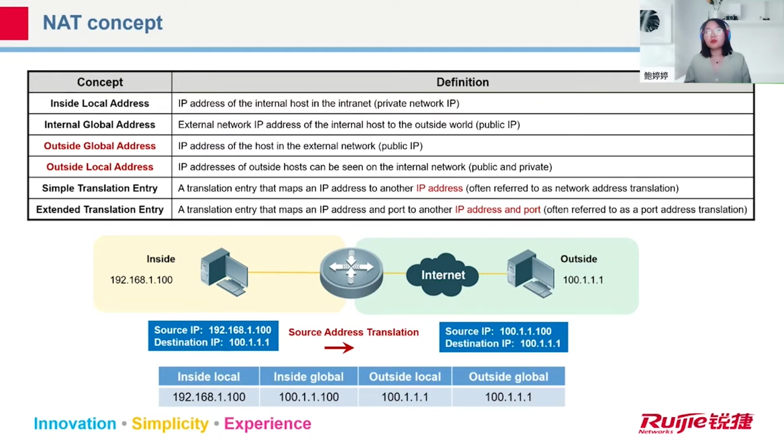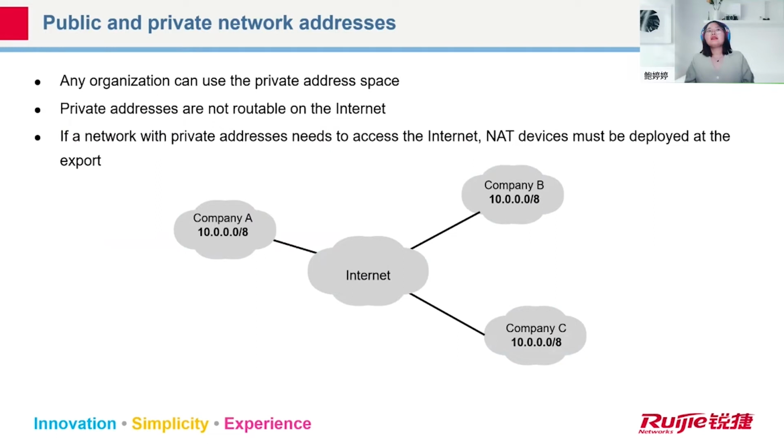And we will translate the source information. About public and private IP addresses: any organization can use the private IP address at the same time, and the private address cannot be visited on the internet. Like company A and B, all of them can use the private ranges.